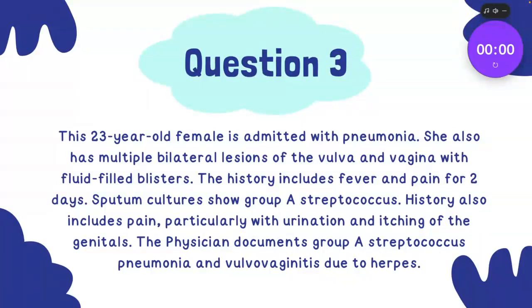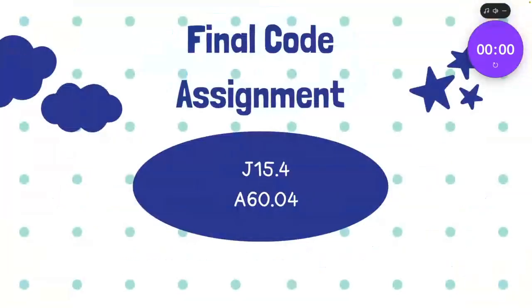All right, so for scenario number 3, here are the codes. So the pneumonia, J15.4, and then for the vulvovaginitis due to herpes, A60.01. Any questions on this scenario before we move forward?